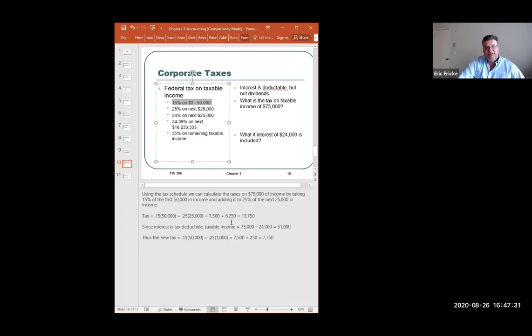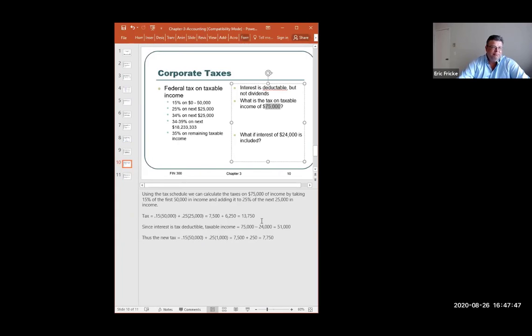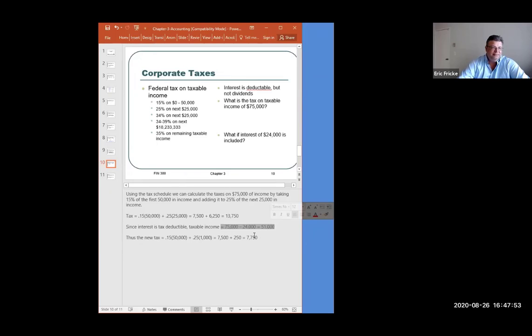It doesn't matter what the loan is for. So let's assume that this company has $24,000 of interest expense. If that's the case, instead of $75,000, their net income is going to be $51,000, right? $75,000 minus $24,000.